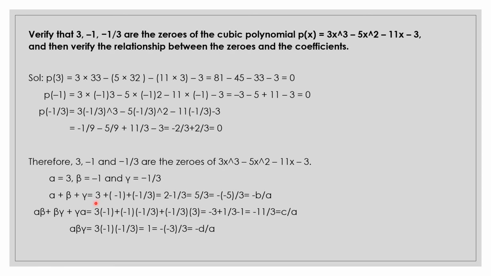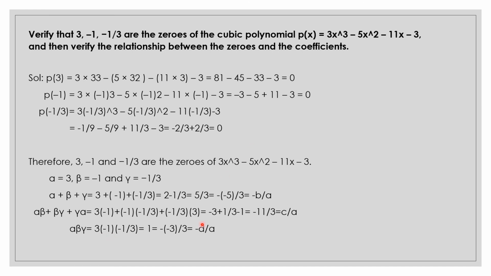And for the second relation, we substitute the values for alpha, beta, gamma in their respective places, and over here we substitute the values for c and a, and we get LHS equals RHS, and so it is verified. It's similar to our quadratic polynomial method of verification.